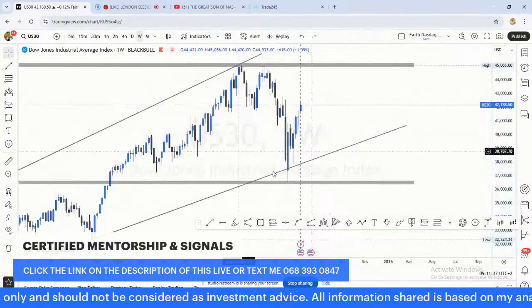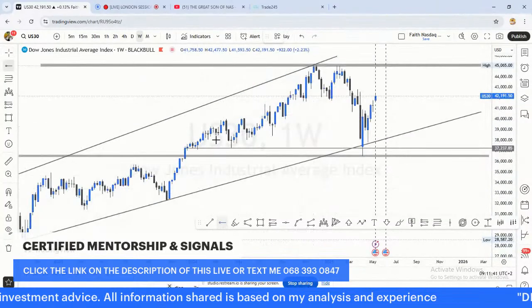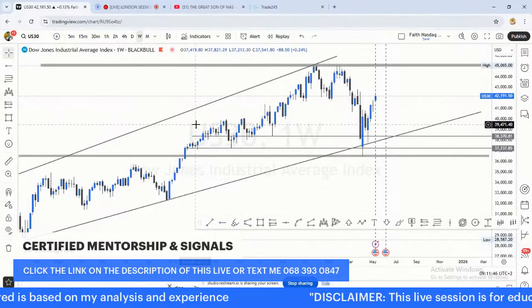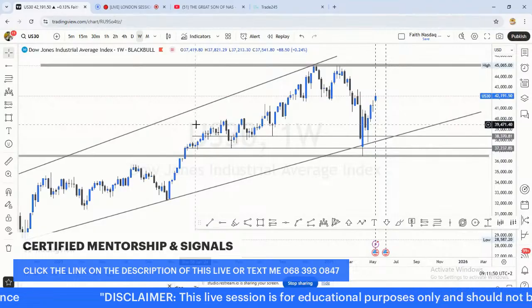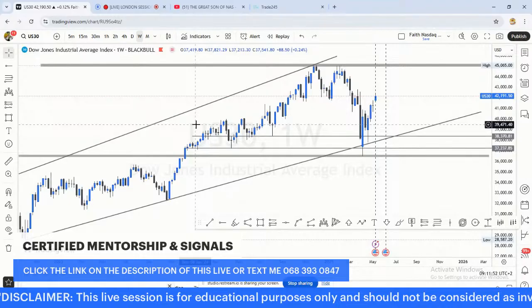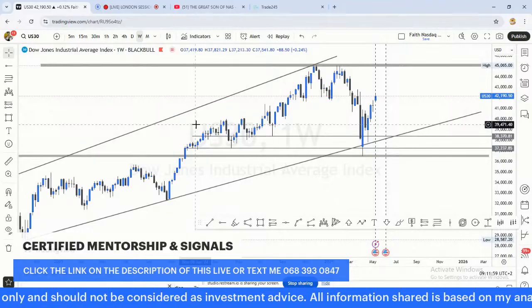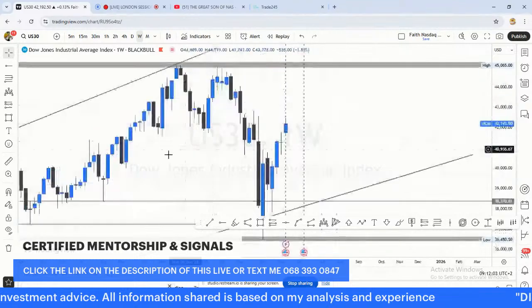Then from there we identify places where the market touches and the market reverses. Yeah. So those are the places.